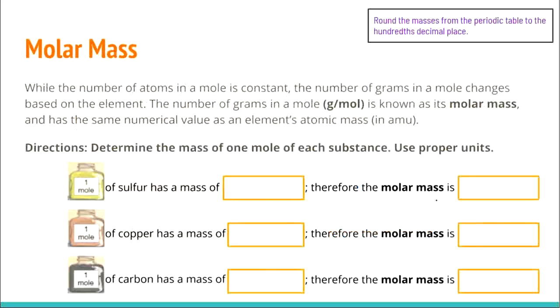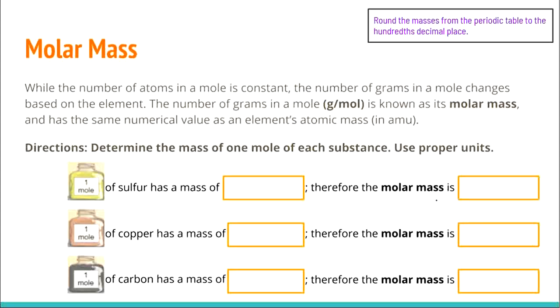While the number of atoms in a mole is constant, the number of grams in a mole changes based on the element. So for example, take these 3 elements here, sulfur, copper, and carbon. 1 mole of sulfur is equal to 6.02 times 10 to the 23 atoms. 1 mole of copper is equal to 6.02 times 10 to the 23 atoms. 1 mole of carbon is equal to 6.02 times 10 to the 23 atoms.